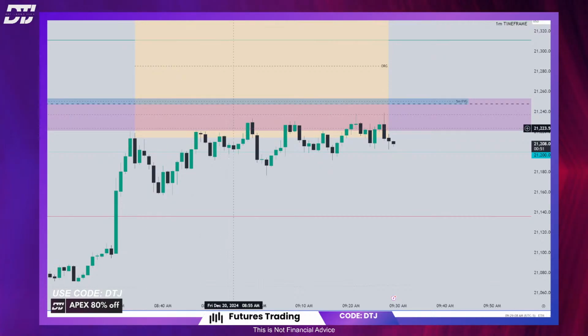We have been messing around in this 15-minute fair value gap. It would be nice to see us push a little bit higher.